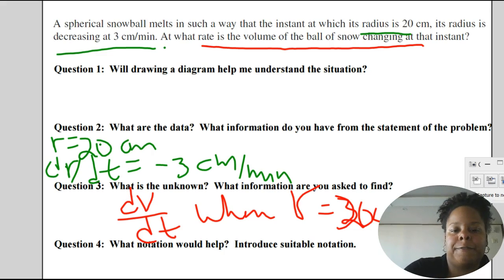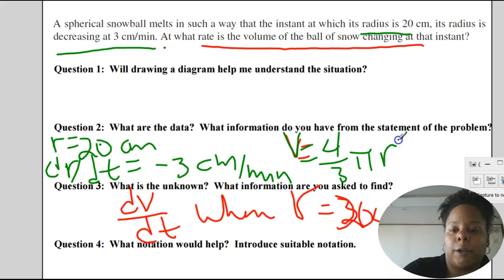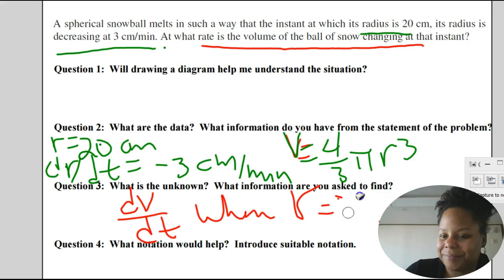I know that it's a sphere, so my volume is going to be given by the formula 4/3 pi r cubed. The unknown is dV/dt when the radius is 20 centimeters. Sorry, I have to fix my handwriting.